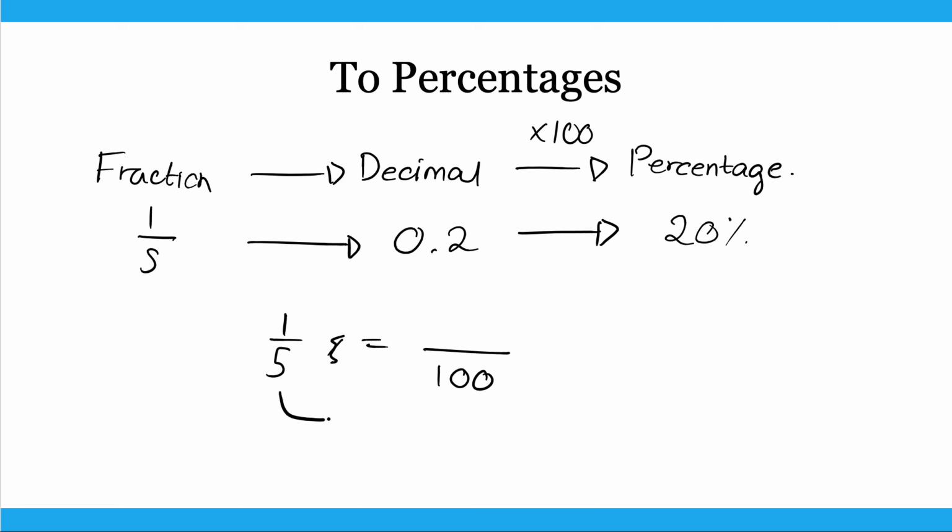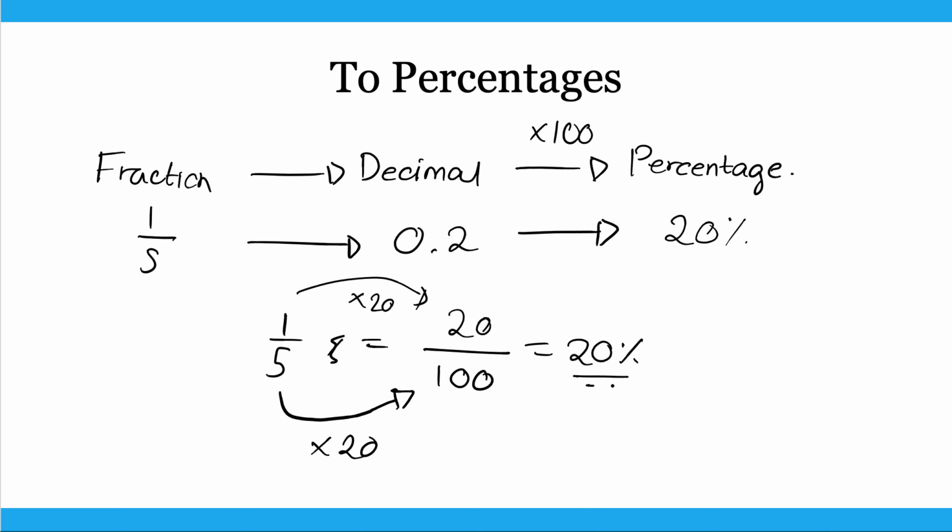So from 5 we need to get to 100. You would times it by 20, and whatever you do to the denominator, you do to the numerator. So you would times this by 20 as well. It will get you 20 hundredths, and then if you simplify that, you will get back to 1/5. But 20 over 100 would be equivalent to 20%.